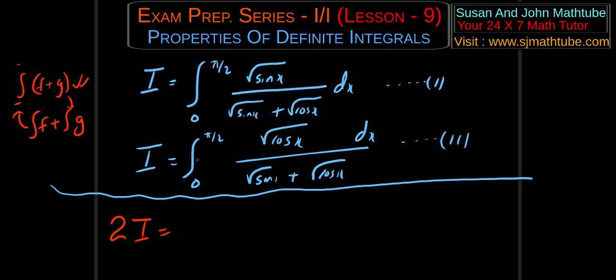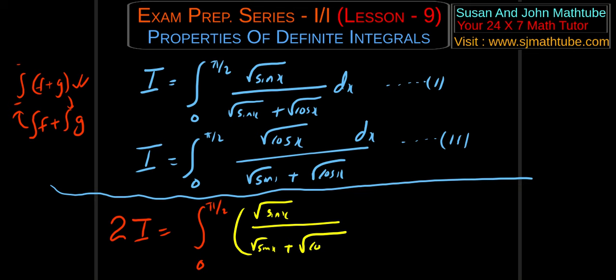So we are going to add the two things. So I'm going to write this integral as a common thing. And then I'll get root sin x by root sin x plus root cos x, plus root cos x by root sin x plus root cos x. I'm not writing that neatly, but in your exam paper, don't do this.